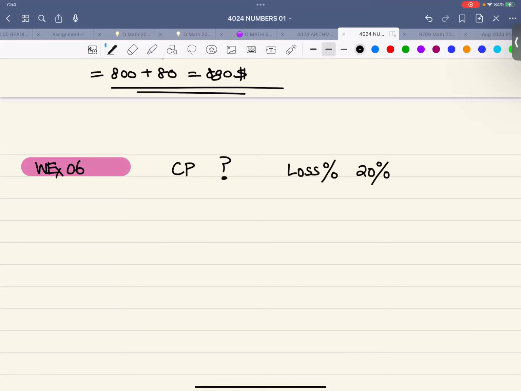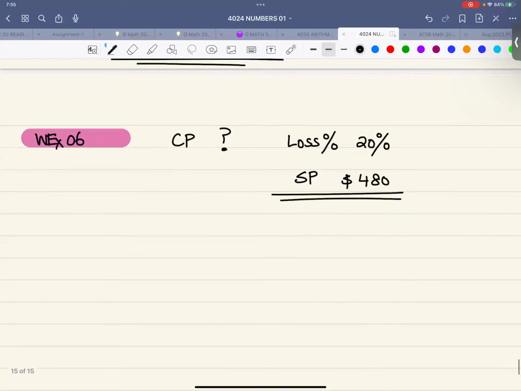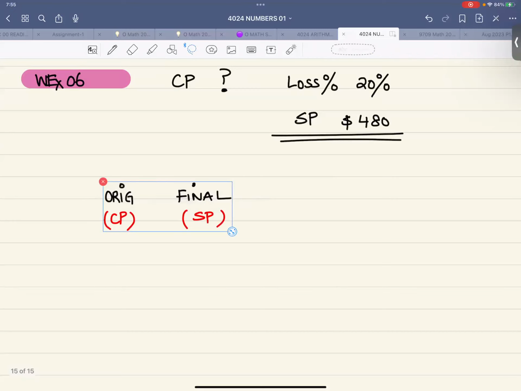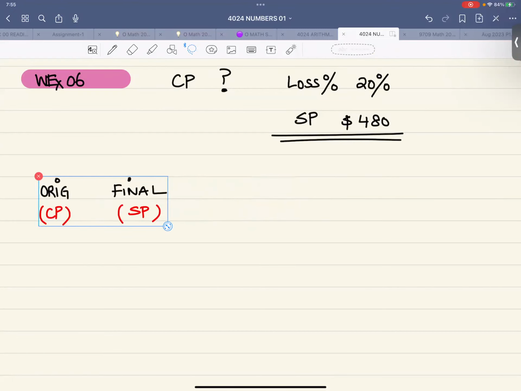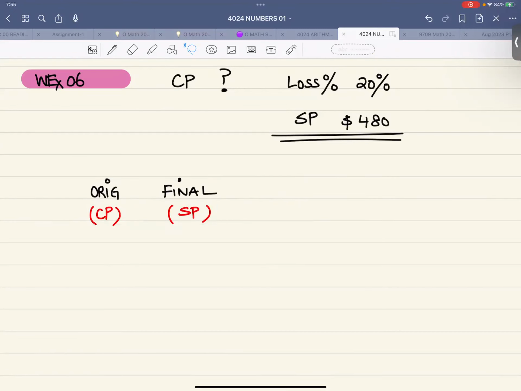And the selling price in this case is $480. What is the cost price? Again, I'm pasting it. Original, final, this working is there.